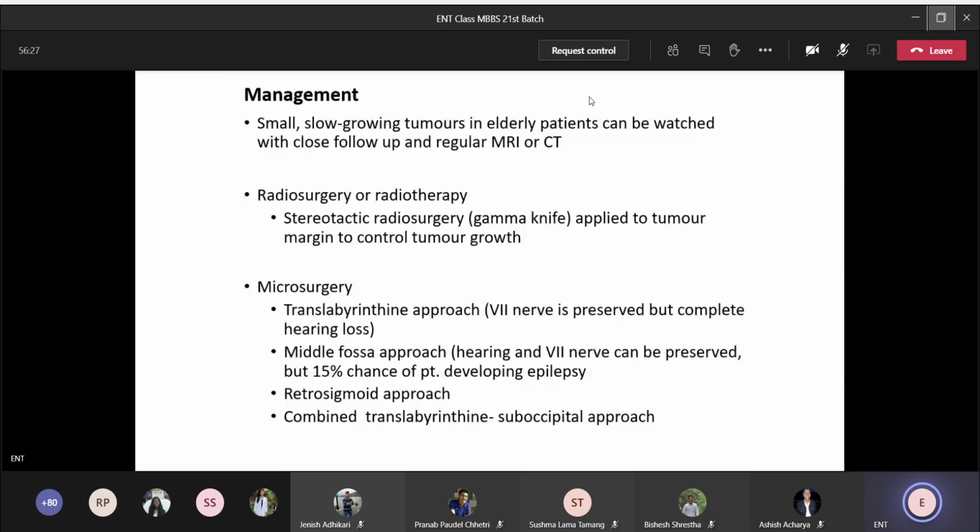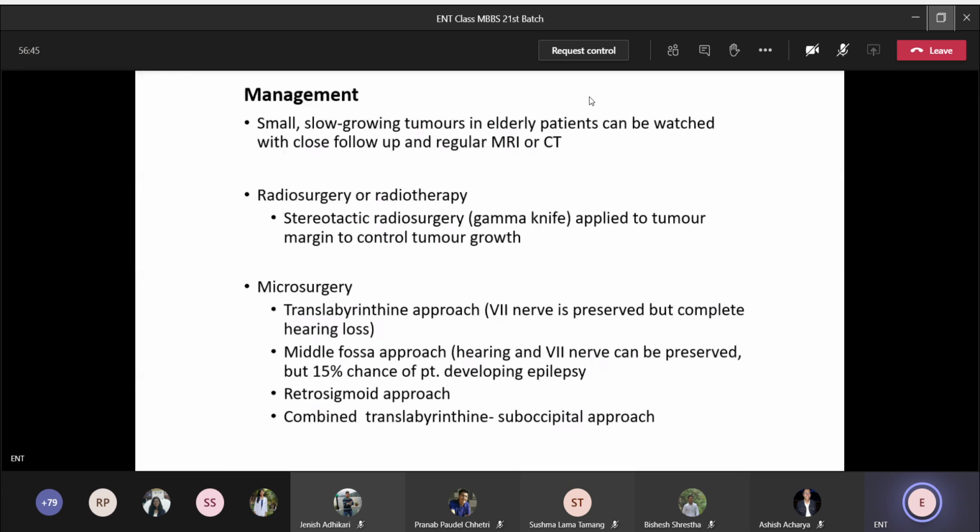There's the translabyrinthine approach. If you go through the translabyrinthine approach, the seventh nerve is preserved, but there is complete hearing loss. Another approach is the middle fossa approach.